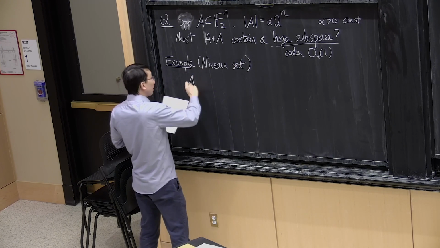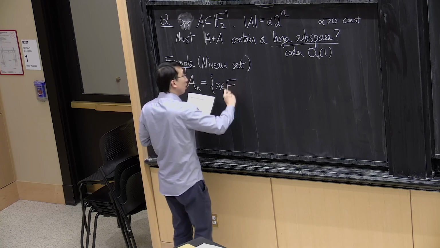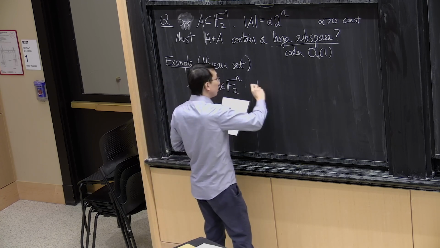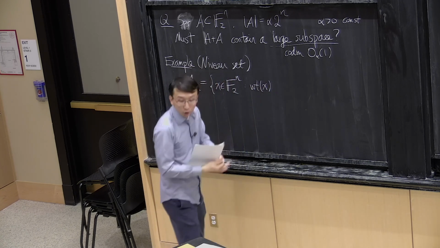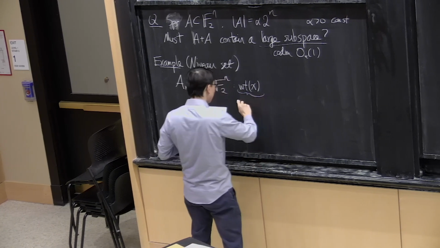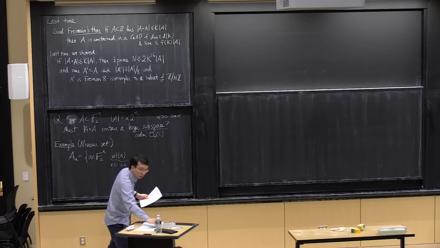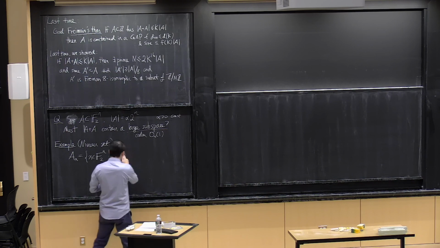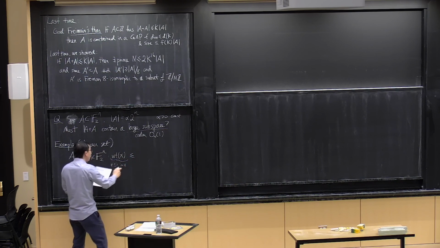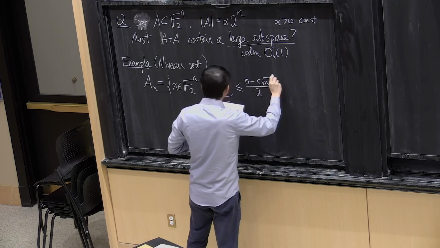Let A_n be the set of points in F_2^n whose Hamming weight, which is just the number of ones, so the number of non-zero coordinates of x, is less than this quantity here.